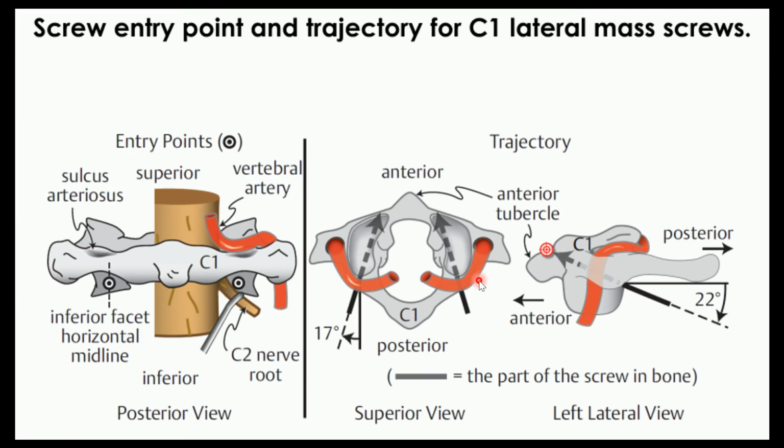The trajectory, as you remember, was discussed before. The entry point here is the inferior part of C1 lateral mass, and the trajectory is 17 degrees medially and 22 degrees superiorly.